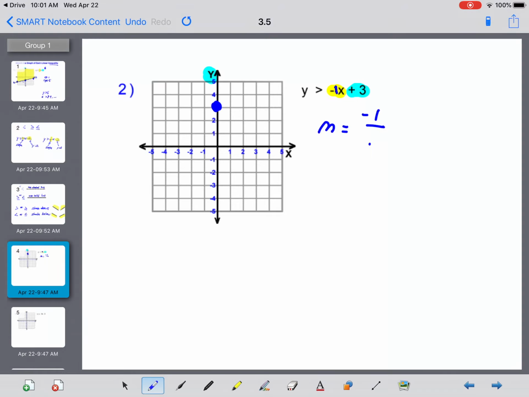So our slope, or our m value, is negative 1 over 1. And what does that mean? That means down 1, right 1. So from our point at 3, we're going to go down 1, right 1, and follow that pattern all the way through the graph. And when we can't go down and to the right, we go up and left.